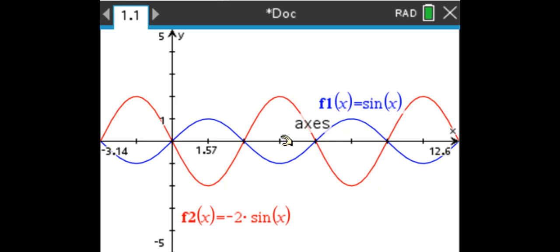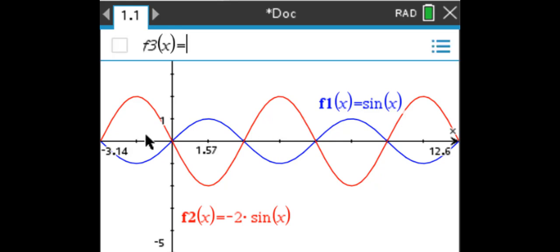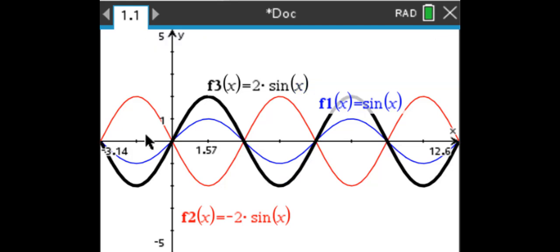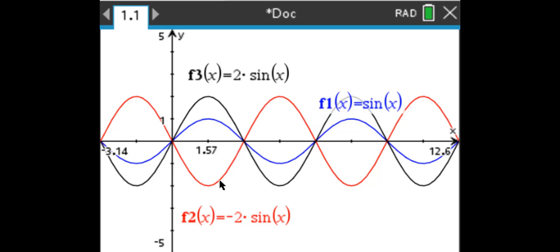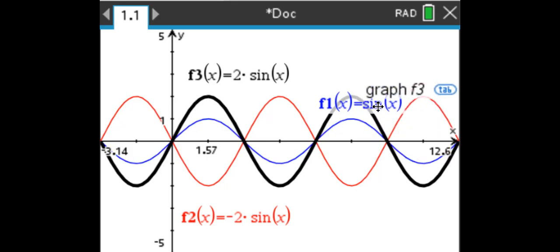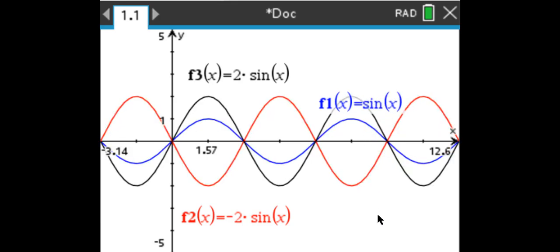My amplitude is not negative 2, it's 2. So I'll put in negative 2 sine of x. The amplitude is the same, but it's a reflection of the 2 sine of x in the x-axis. So remember that your amplitude is the absolute value of what's in front of the sine of x, or whatever trigonometric ratio it is, and the negative is the reflection.